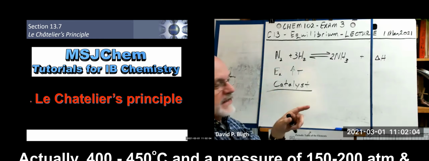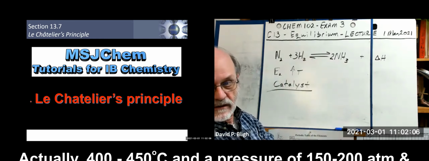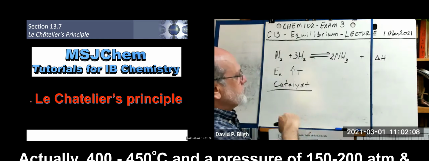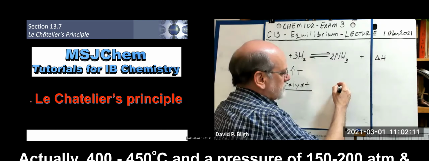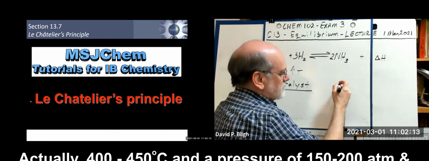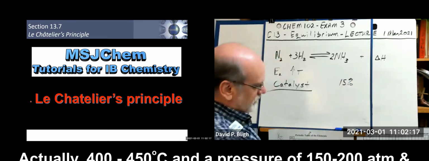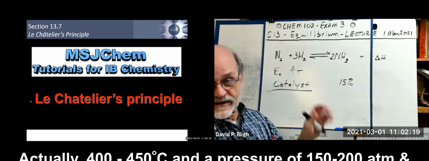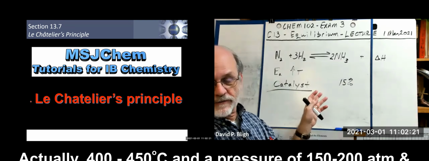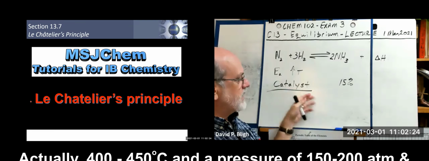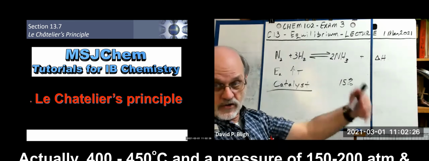But this way, he was able, in one pass, to increase the efficiency to about 15%, which may not seem like much, but when your efficiency was less than 1% and you got 15% out of it, then that's a major step forward.